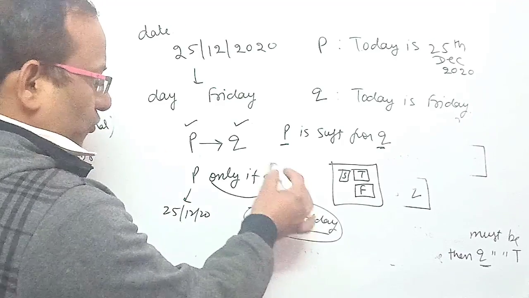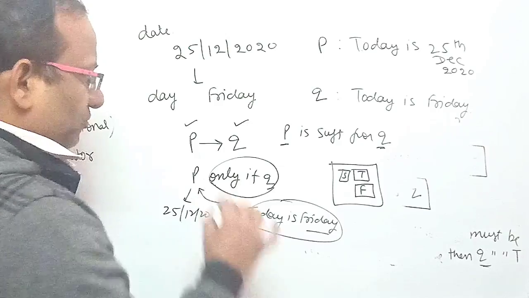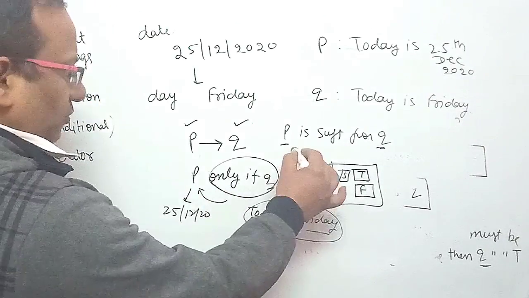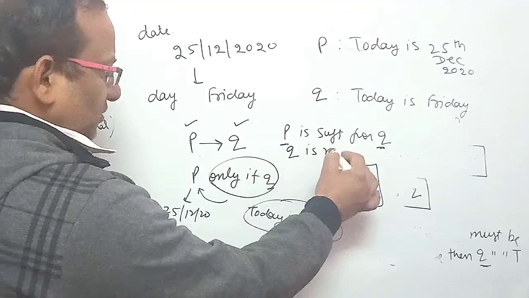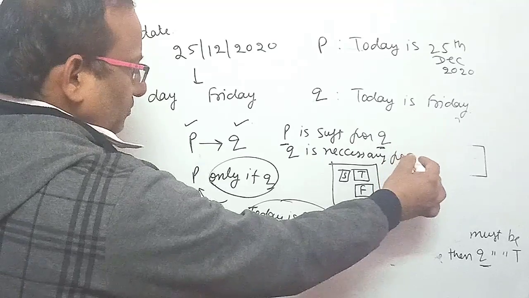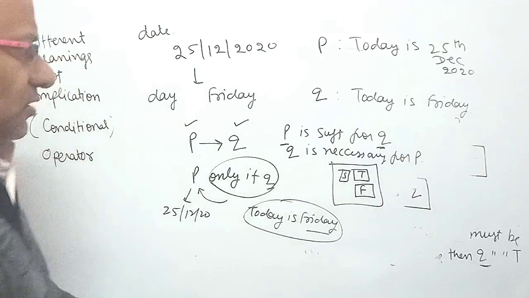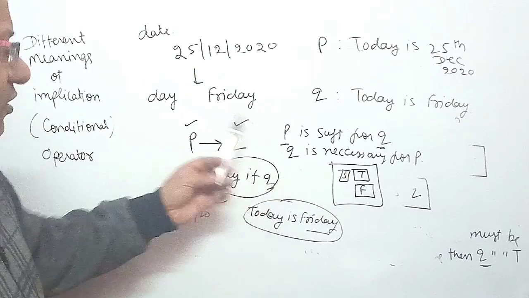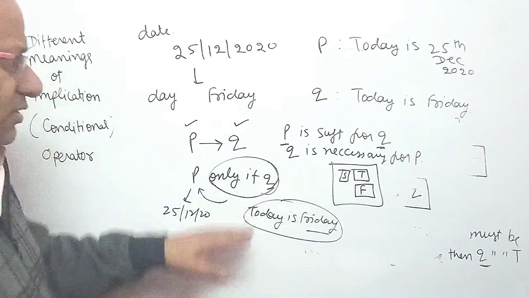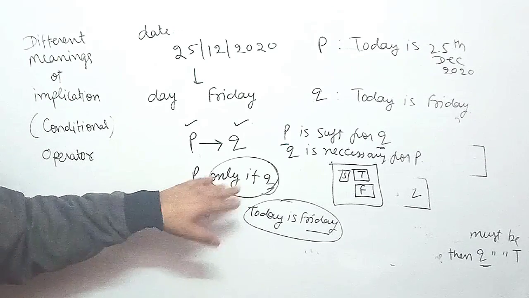So only if Q is true can we have P, or in other words, Q is necessary for P. There are other mathematical approaches which will prove this, but this one is a real life example through which we can understand it easily.